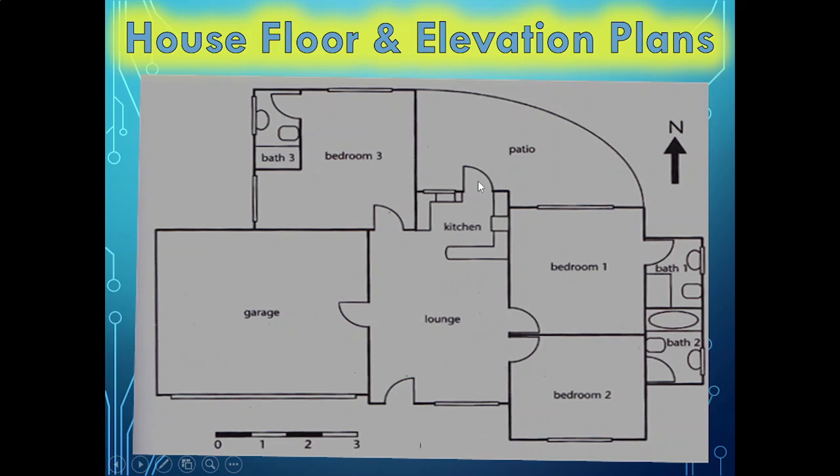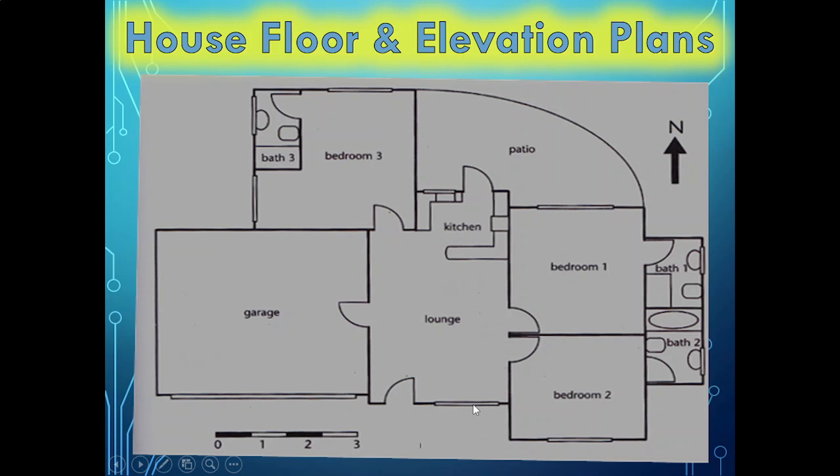If you exit the kitchen, you go onto the patio through this external door. And here, if you exit the lounge on the south side, because opposite to north is south, then you exit the door on the south side.